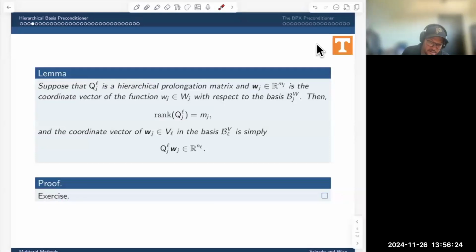The way this works is, I'll give you the proof right now.